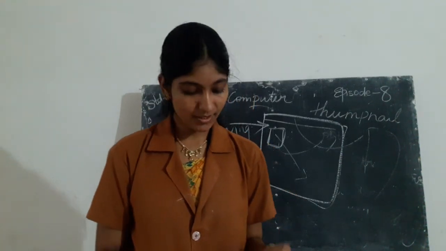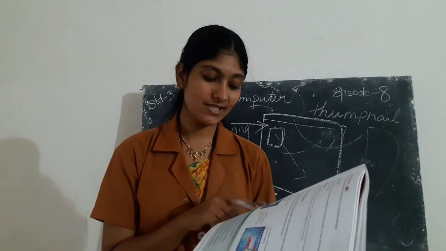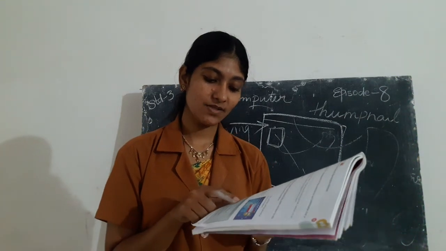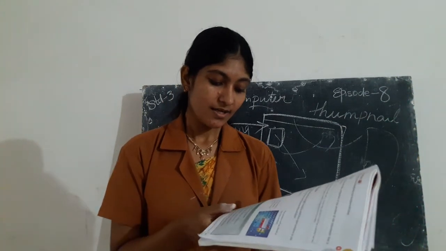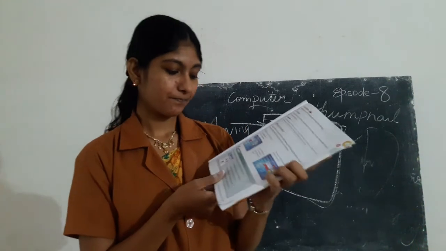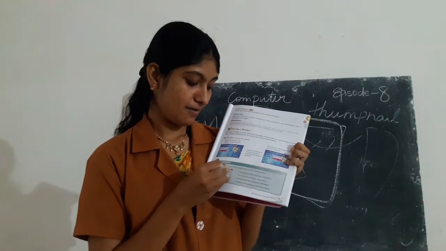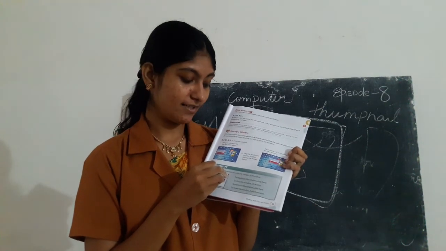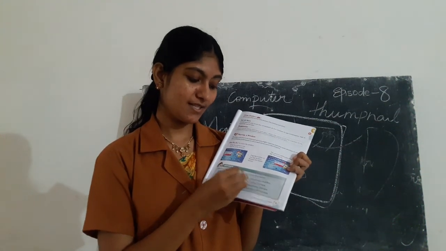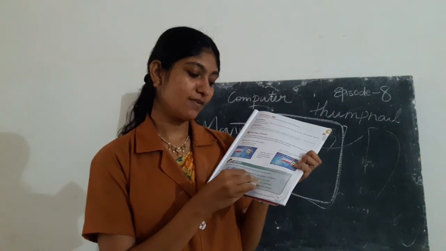So here, draw lines to match. There is an activity. Draw lines to match sentences with the correct buttons or bar. First, to maximize the window, click here. There is a rectangular button, with which we can maximize the window. Second, to close the window, click here.